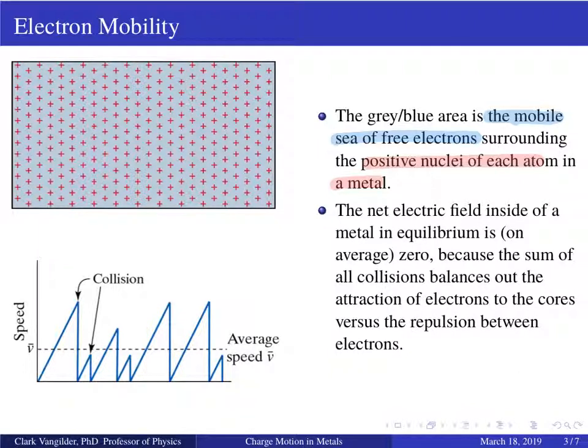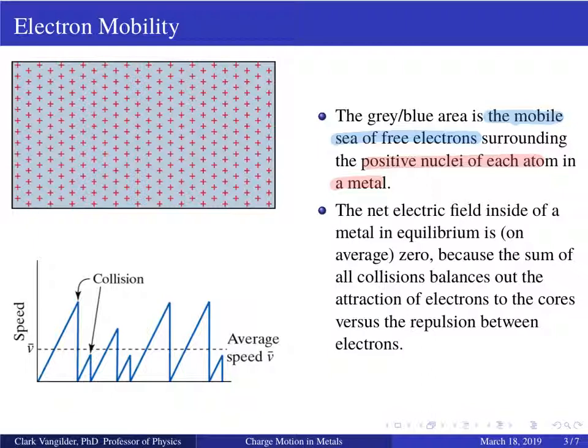So one way to maybe picture this is if we had a lake or a pool that had a bunch of red metal I-beams just stuck in the ground, and then a bunch of water, and that water could move.